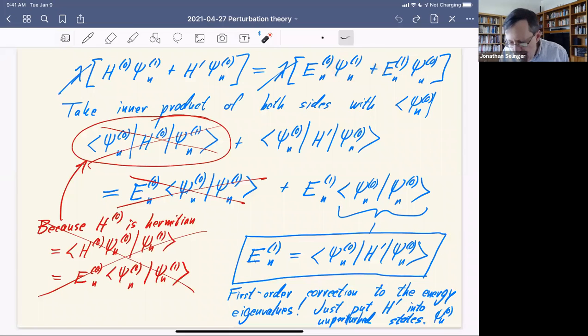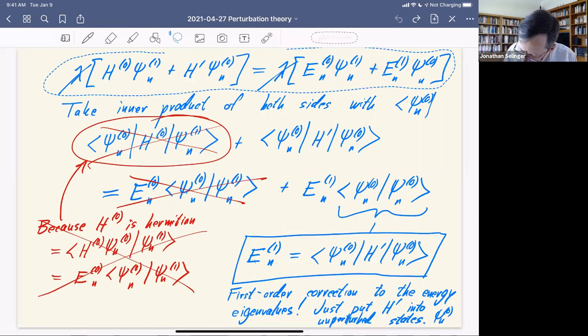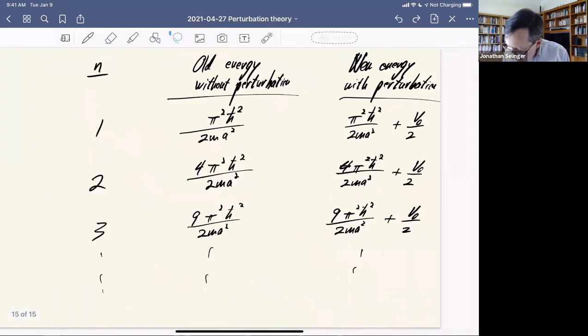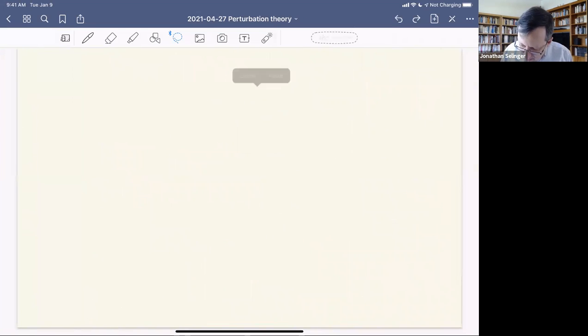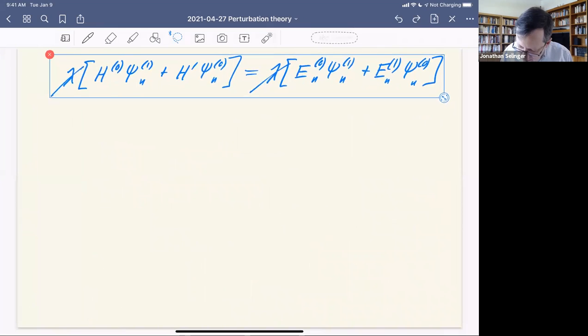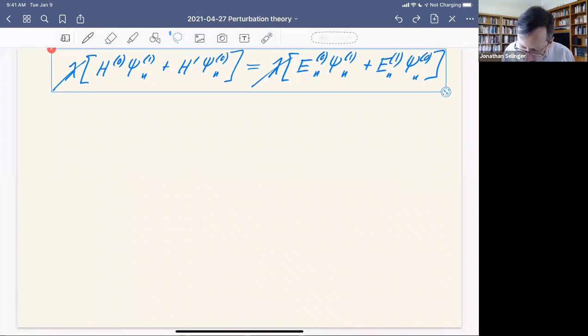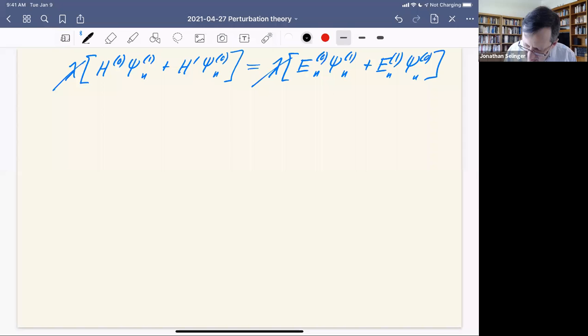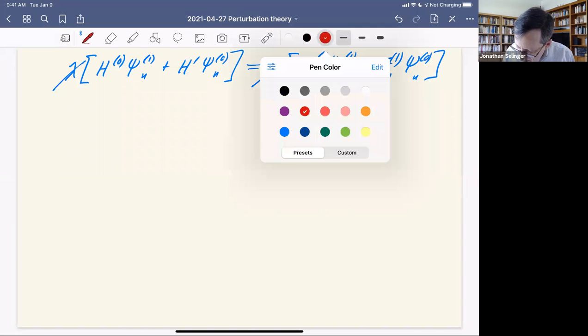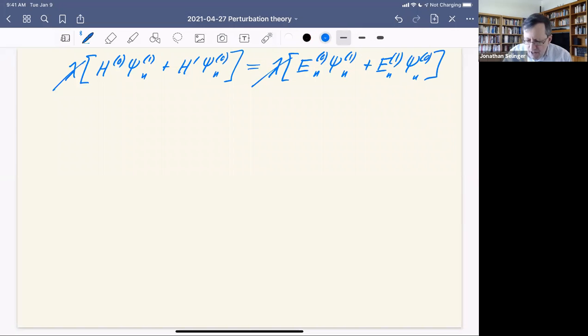Let's see how we can get information about it. I'm going to copy and paste this equation and work on it some more. Copy. Now I'll go way to the end. Paste. So we have this equation, and we canceled the lambda factors.